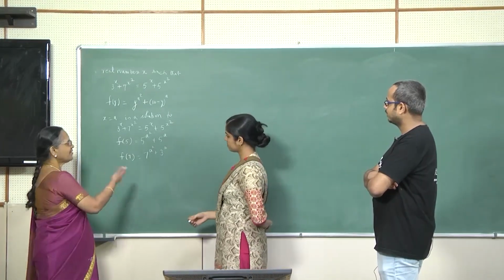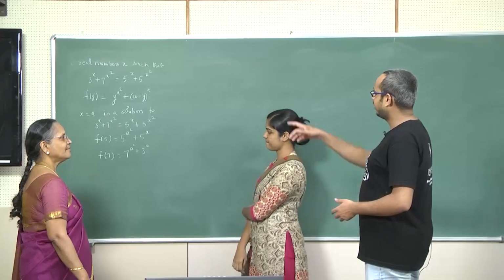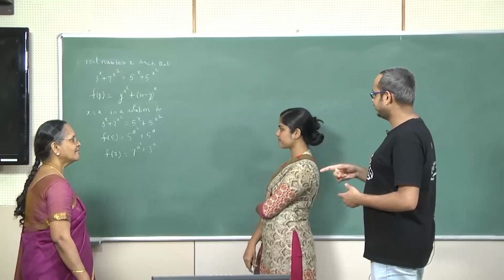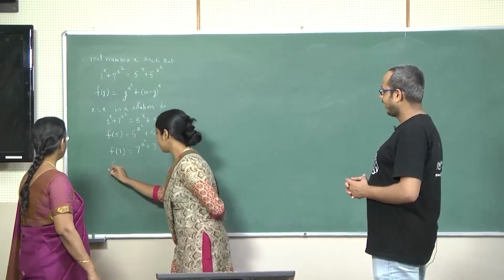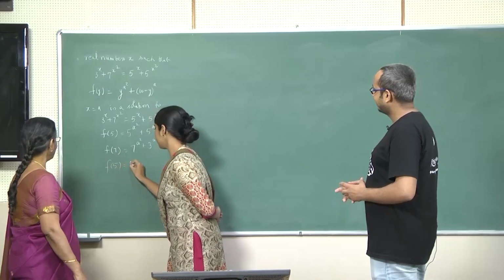So, what do you observe? Now if x is equal to a is a solution, then f of 5 and f of 7 must be equal. Yes, we have f of 5 is equal to f of 7.